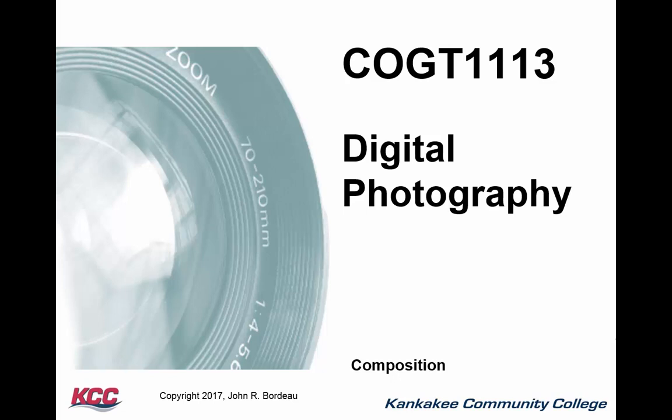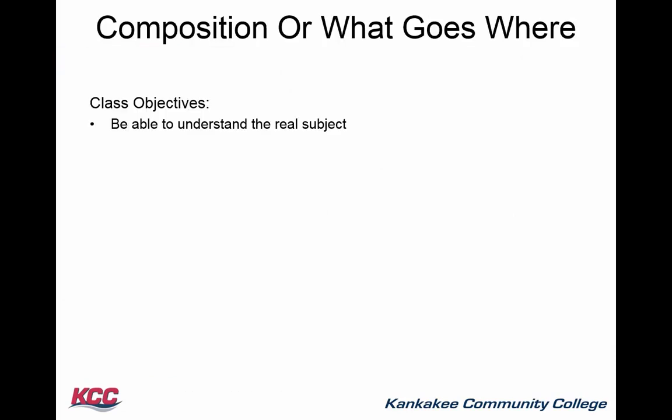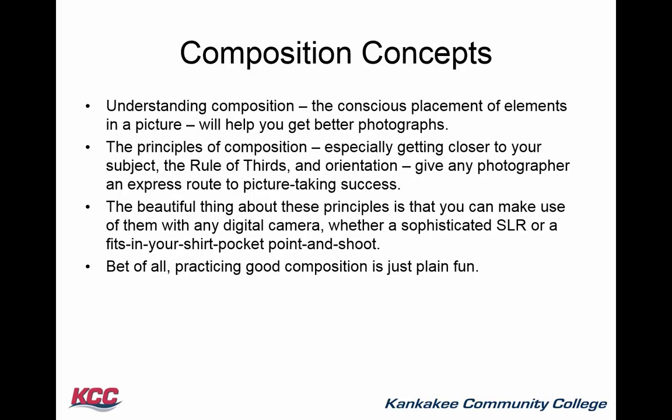Composition. In other words, what goes in or out of a photography image. So composition is we're going to make a conscious decision of what to put in our photo and what to leave out of our photo.